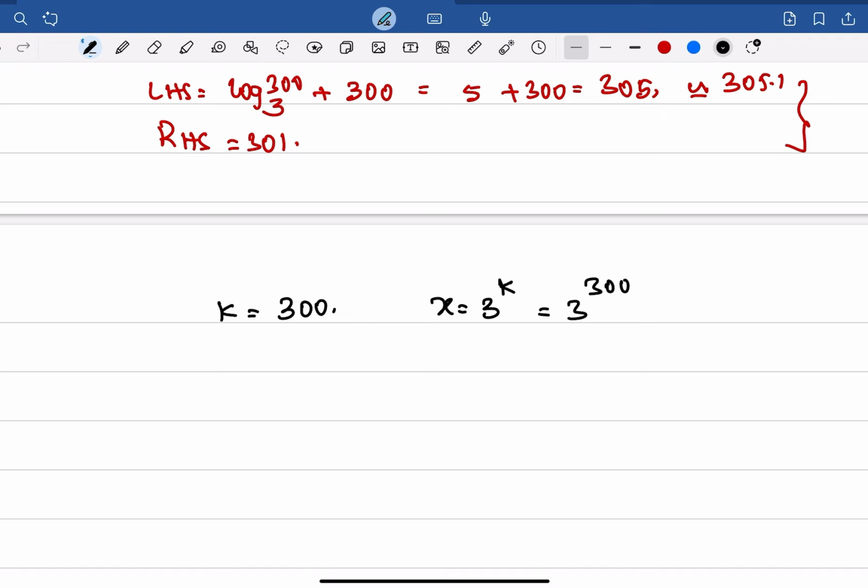These are all approximate values. Don't take it at face value. If you really want, k will be approximately equal to 296, not 300. But because we don't have a calculator, please try to understand, without a calculator we are doing it. X is equal to 3 to the power of 300.